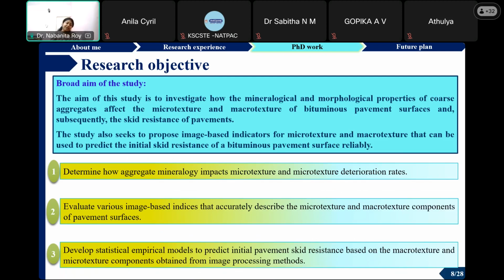The final sub-objective was to develop statistical empirical models to predict initial pavement skid resistance based on the properties observed in the previous objectives, like the image-based methods and mineralogical properties.